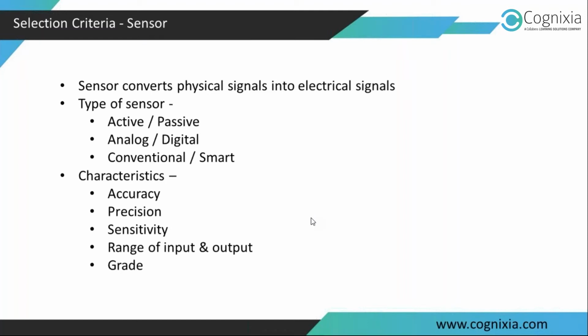So we use sensors which are called active sensors, which do not require power to work, and we have passive sensors. Passive sensors require an external power source to work. Okay, we have analog and digital types of sensors. Analog sensors cannot be connected to computers directly. Digital sensors, yes, this is the input that computers would accept happily, right? So a digital sensor can directly be connected to a computer system.